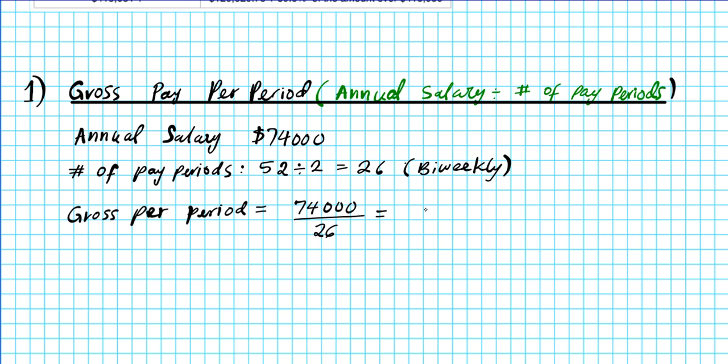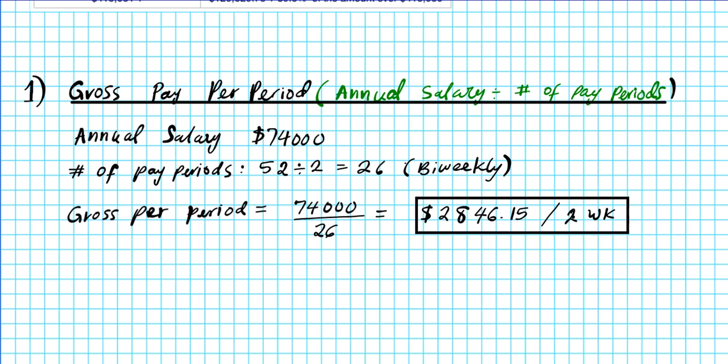If you plug this into the calculator, you end up with $2,846.15. This is how much she gets paid every 2 weeks. Every 2 weeks before taxes are deducted. Okay? So her pre-tax earnings is $2,846.15 every 2 weeks.